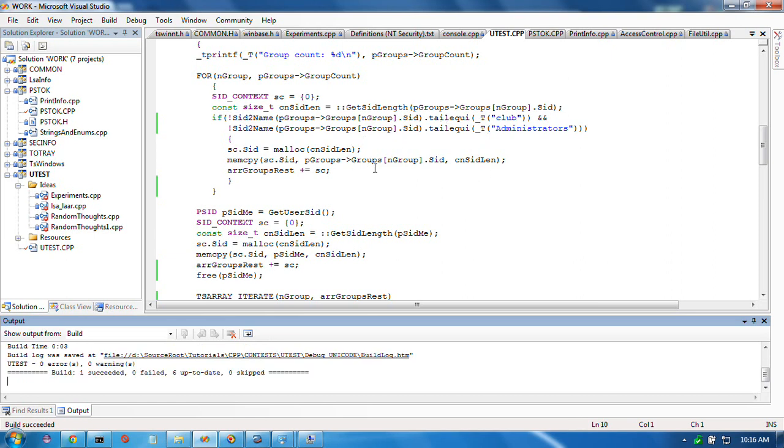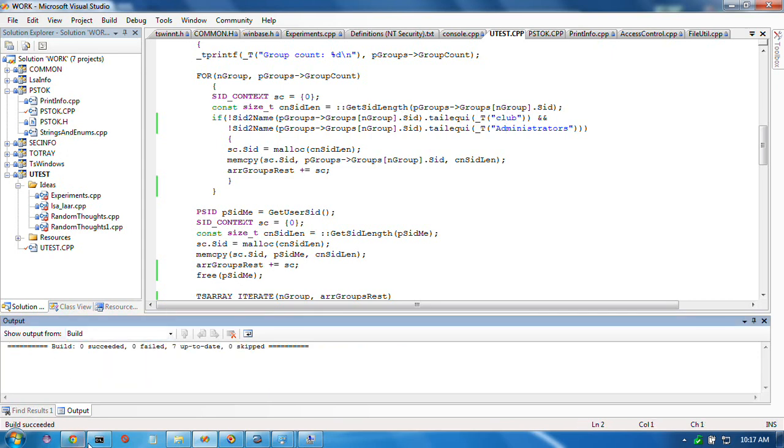Okay, so I'm adding everything to the restricted groups, the second security context, everything but the Executive Club and administrators. Now it should work as expected, and it does.